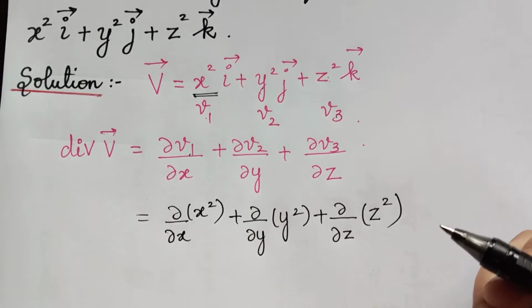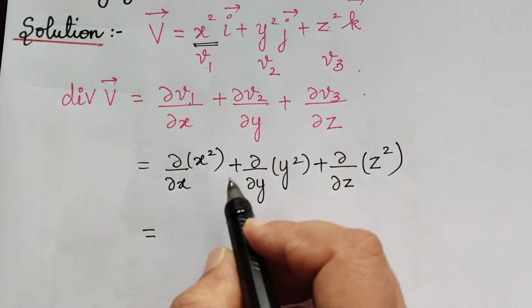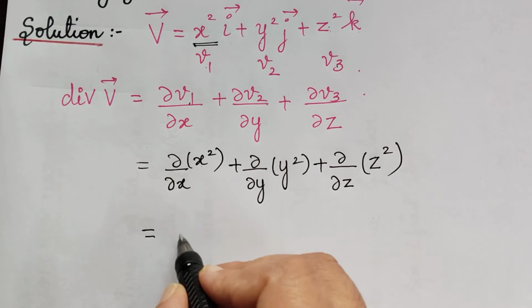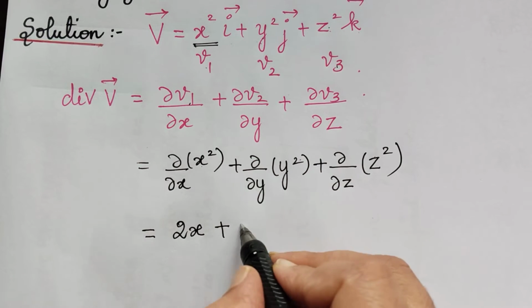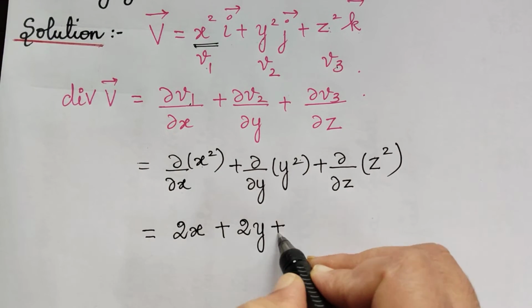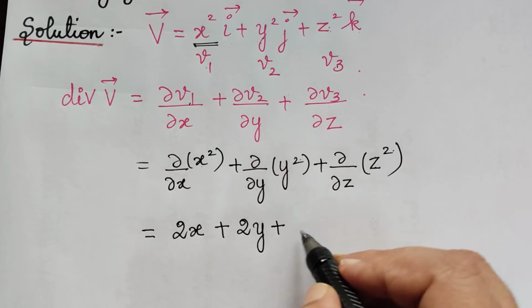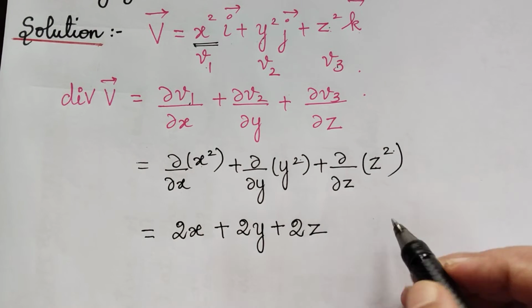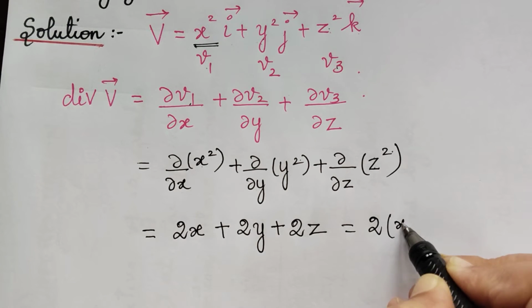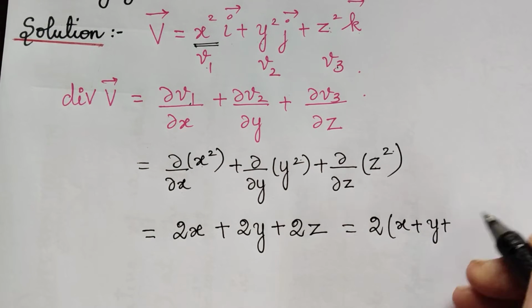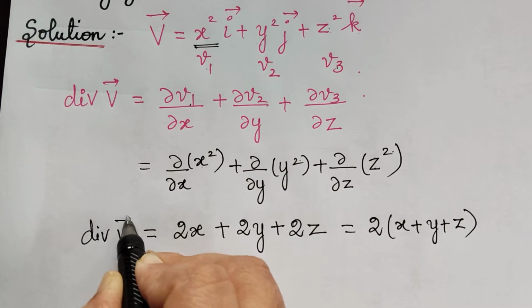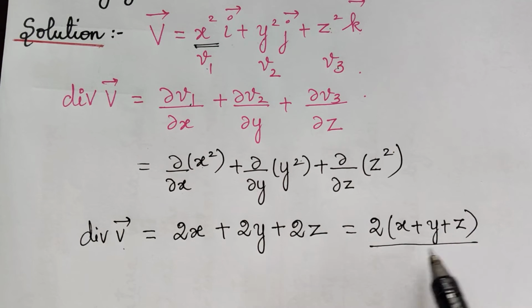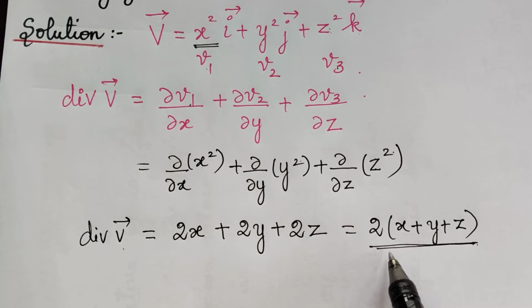Now we shall differentiate partially. x square differentiated partially gives 2x, y square gives 2y, and z square gives 2z. Therefore 2 is common, so we can take it out as a common term. The divergence of the given vector is 2 multiplied with x plus y plus z. We will do another problem to understand this concept better.